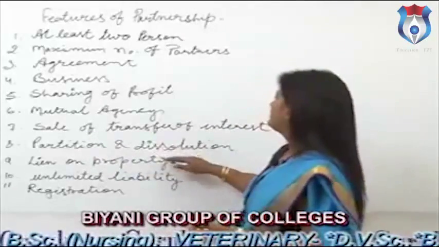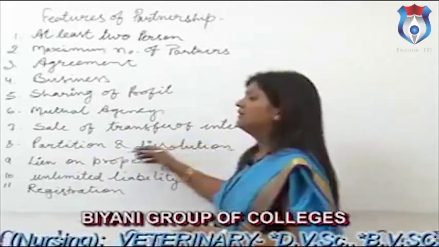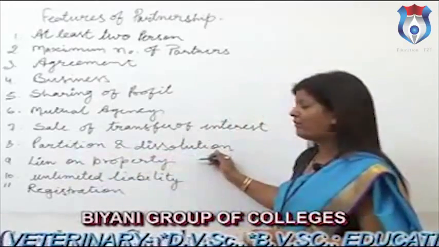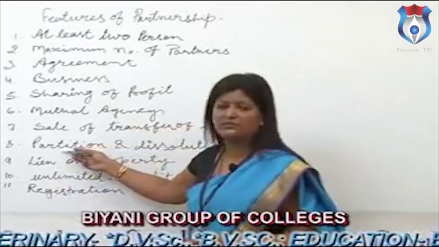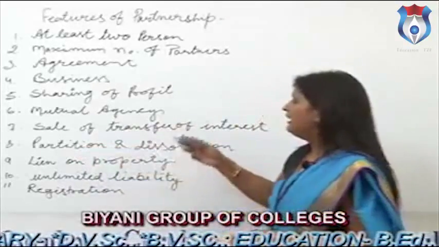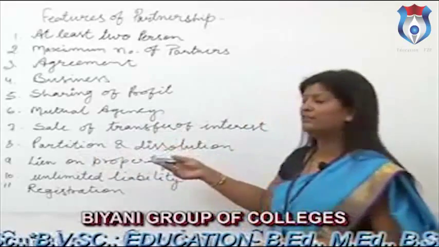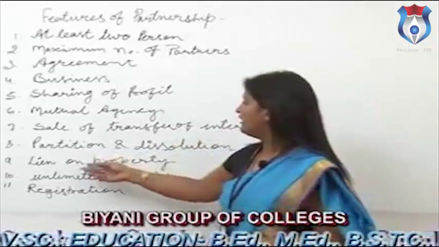Next is partition and dissolution. A partner can ask for the dissolution of the partnership firm but cannot ask for the partition of the firm. If a partner asks for partition of the partnership firm, it means the firm is dissolving. Next is lien on property.